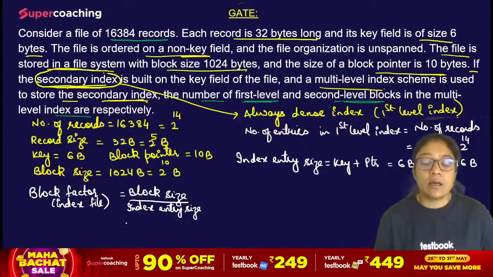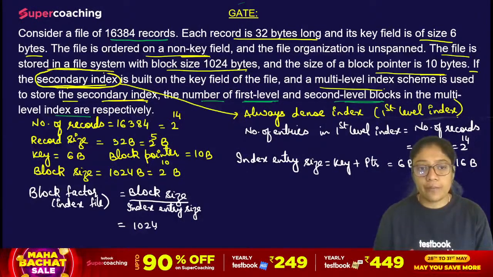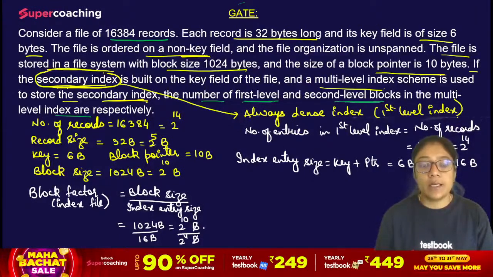Block size is given in the question itself, 1024, and entry size is 16 bytes, or you can consider this as 2 raised to power 10 bytes and 2 raised to power 4 bytes. So ultimately this comes out to be 2 raised to power 6.